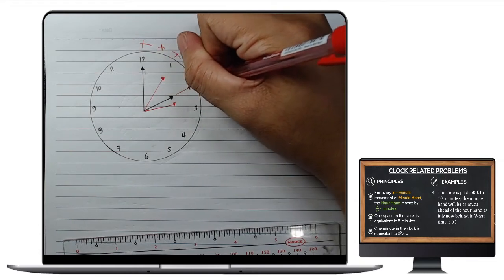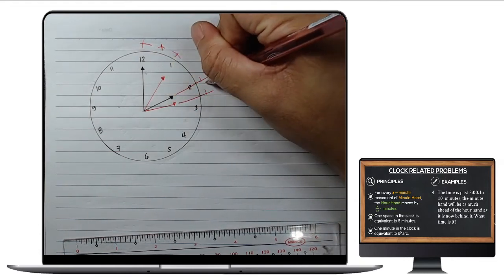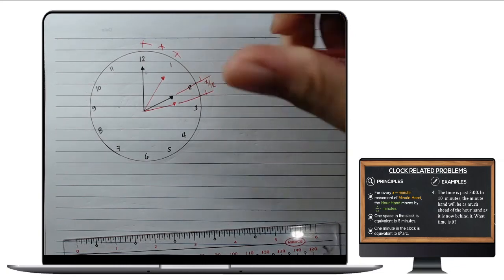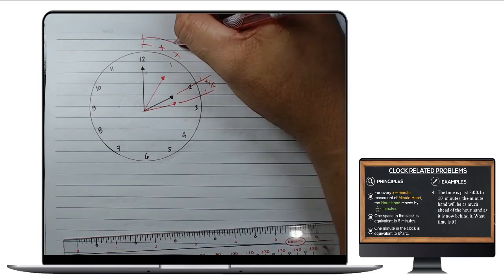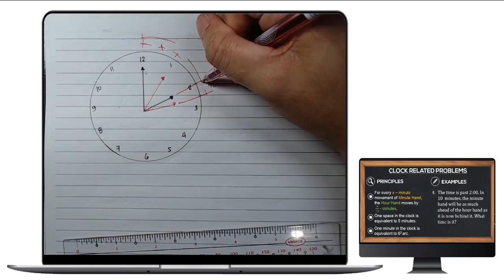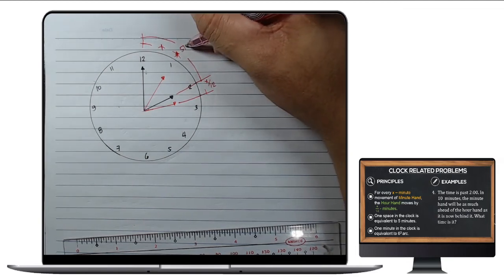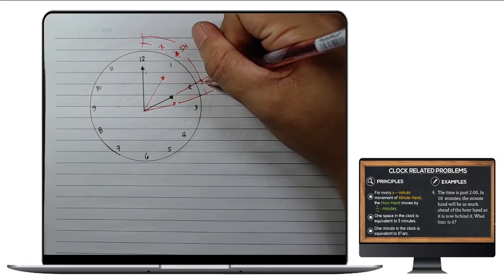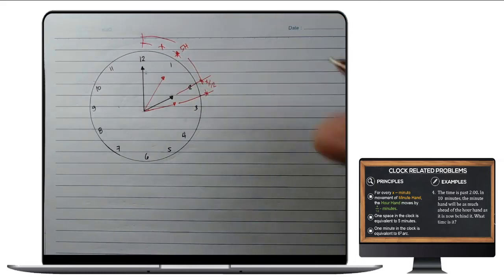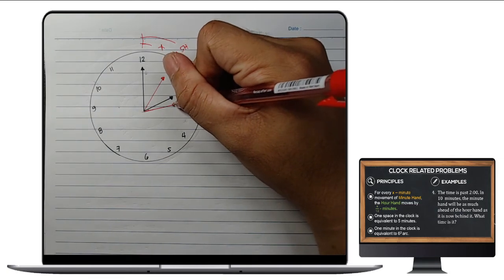So from this point, in this point, here is your x over 12. Then, from this point, going to the 2 o'clock mark, this is our 5h, or 5 times 2 o'clock, which is 10. So that is our present time.